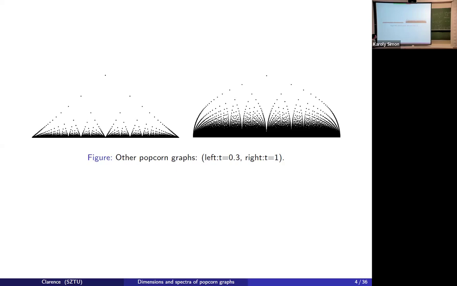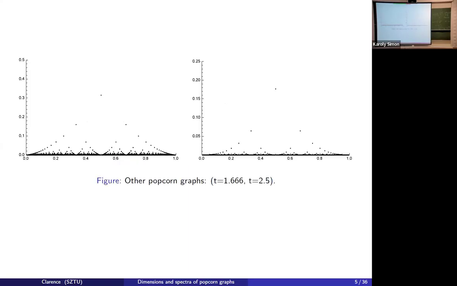But if we choose t equal to 0.3, the right one, instead of t equals 1, the left one, the shape will be some curves. Moreover, if we choose values larger than 1 or larger than 2, we have forms like this one, with a concave or convex shape.